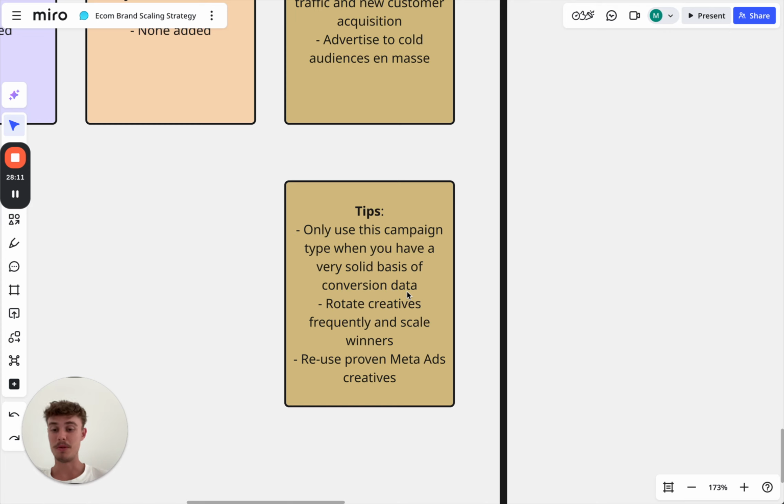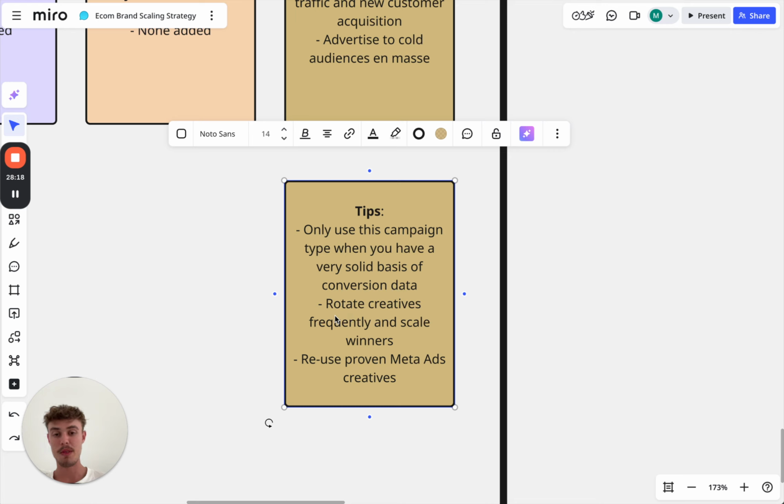This is just people who are scrolling through YouTube and getting hit with an ad out of nowhere, similar to Meta. Now, if you want to win with this kind of campaign type, you need to rotate your creators frequently and scale your winners. It seems obvious on the scaling winners front, but rotating creators frequently is tough and it requires a lot of output. So if you can't handle a lot of content output, I don't recommend moving into this campaign type.